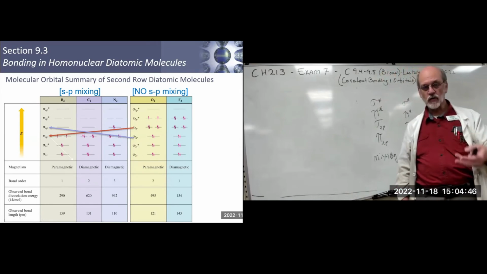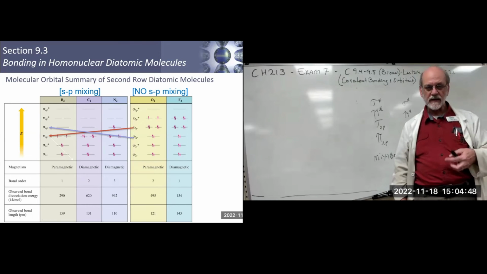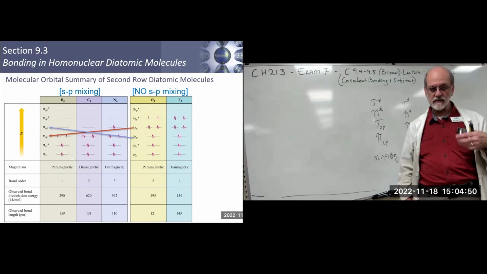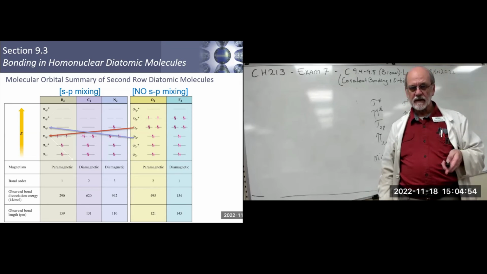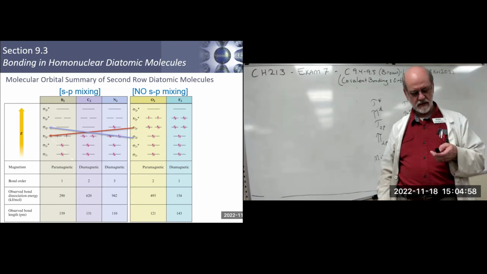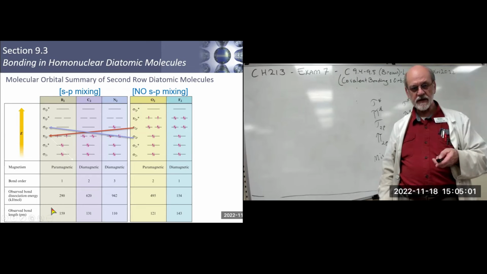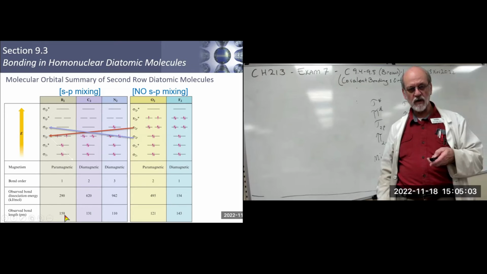And then the bond order is calculated there, and the bond energies are also included. And you'll notice that the single bond here for diboron is a certain value, 159. No, excuse me, that's the bond distance.